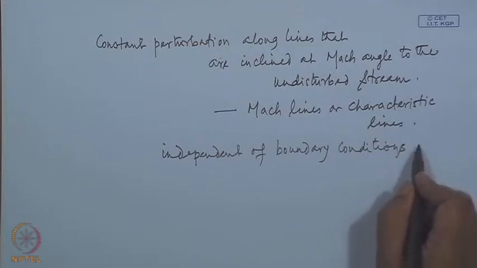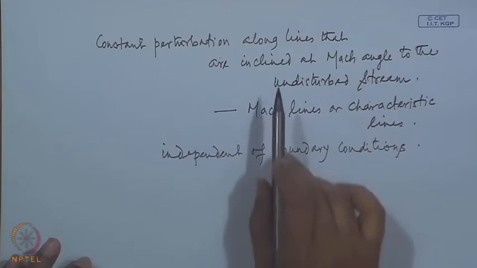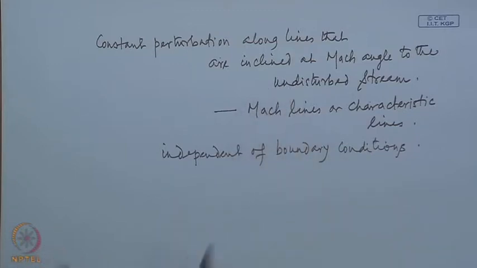Independent of boundary conditions, or rather the flow is such that its perturbation remains constant along Mach lines irrespective of whatever body shape we are considering in a supersonic flow. So, this property is contained within the specific solution: f equal to constant along x minus beta y equal to constant.